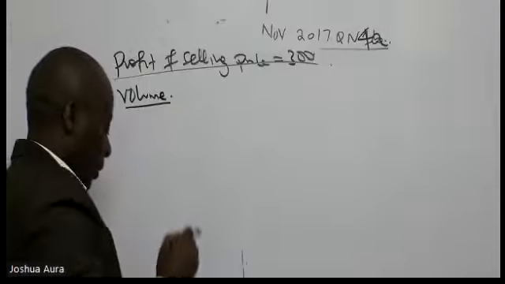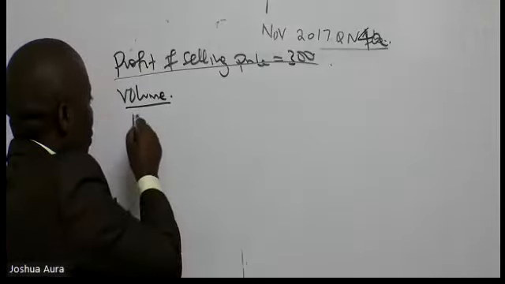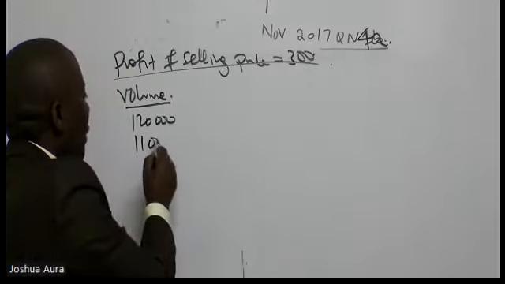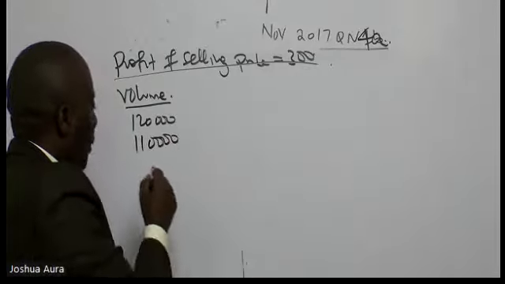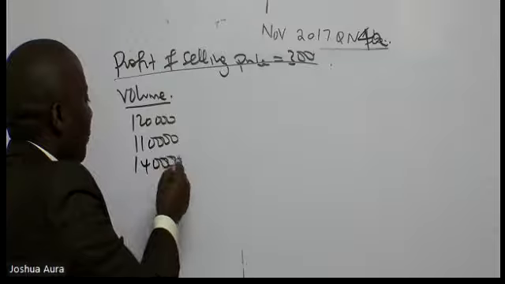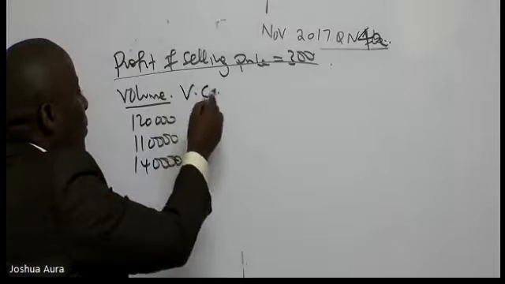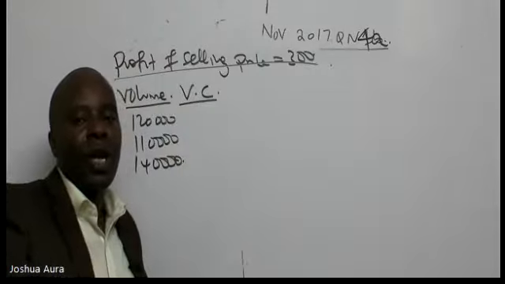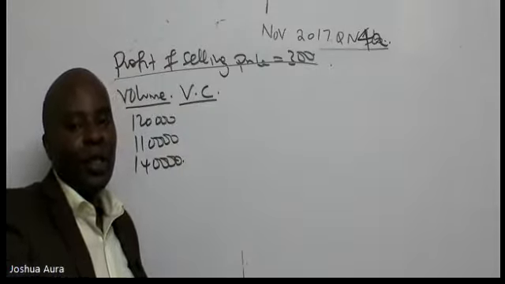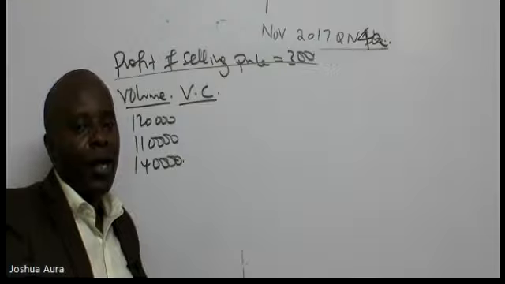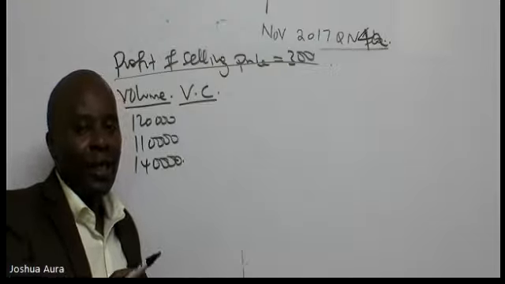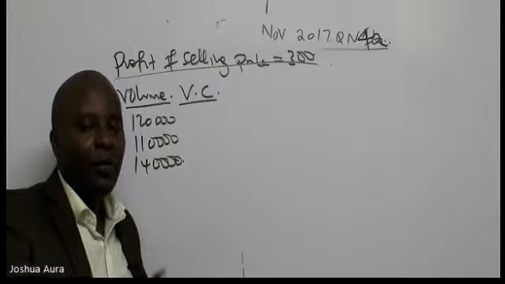Volume could either be 120,000, 110,000, or 140,000. So create a column here of variable cost, because it is the only technical thing that we have. Otherwise, every other thing flows very nicely.